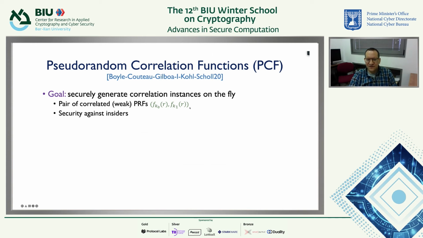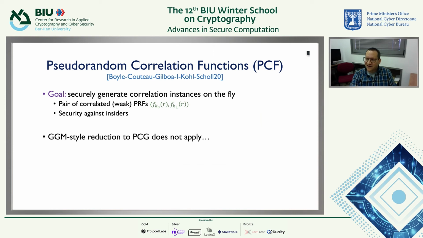You can think of it as a pair of correlated pseudorandom functions. They have correlated keys K0 and K1, and you can think of it as a PCG with a huge output length, but where you don't need to pre-compute this output, you have random access. You can generate more instances on the fly as you need them. And again, it's formalized in a similar way. We need security against insiders.